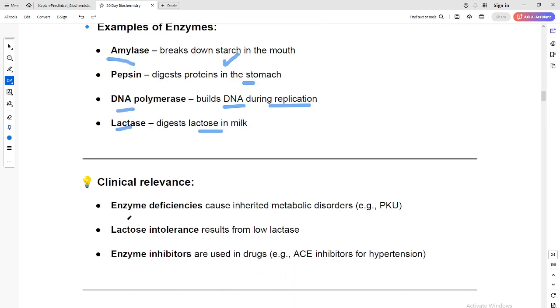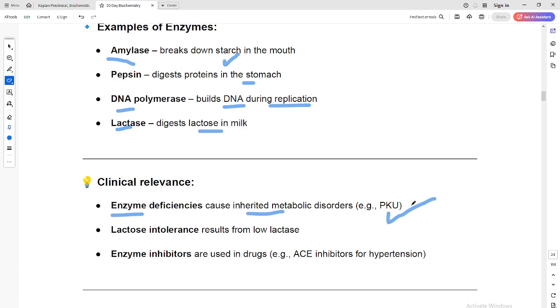Clinical relevance. Enzyme deficiency causes inherited metabolic disorders like phenylketonuria. Phenylketonuria is a deficiency of the enzyme called phenylalanine hydroxylase, which is the first enzyme that works on phenylalanine.